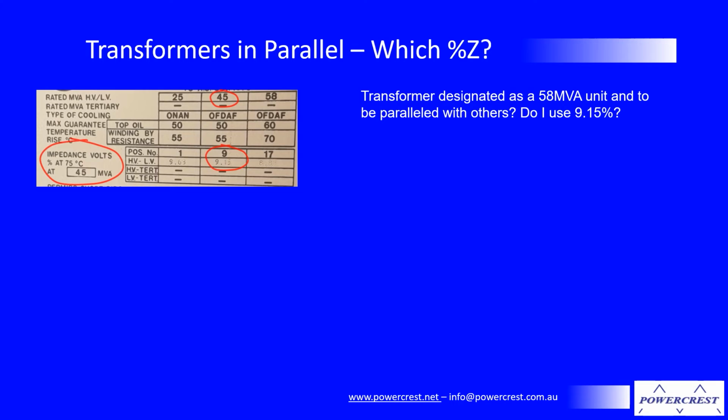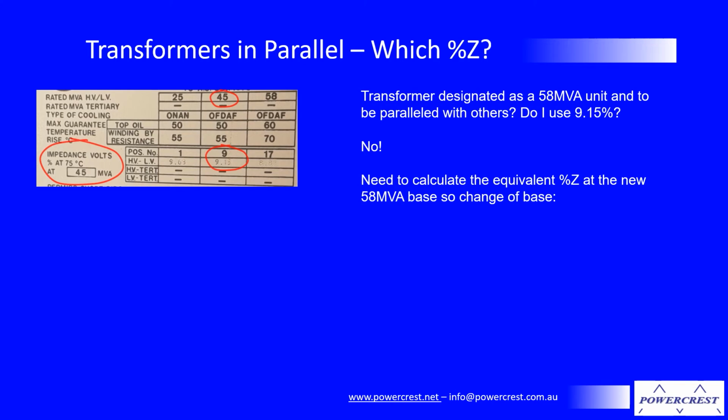For example, if I am going to use this transformer as a 58 MVA unit in my analysis software or in my calculations, and I'm going to parallel it with other transformers, what impedance do I use? Well, no, I do not use 9.15%. I need to calculate the equivalent percentage impedance at the new 58 MVA base, so I need a change of base.